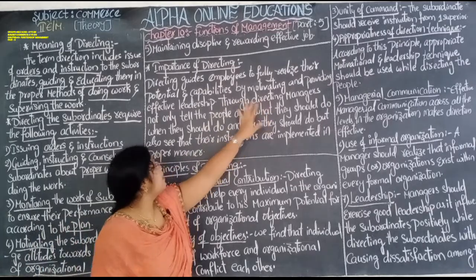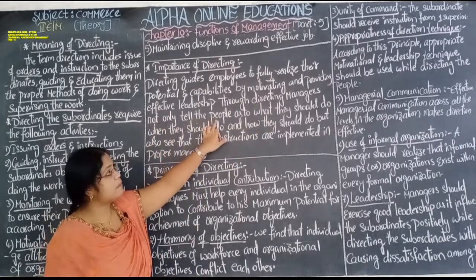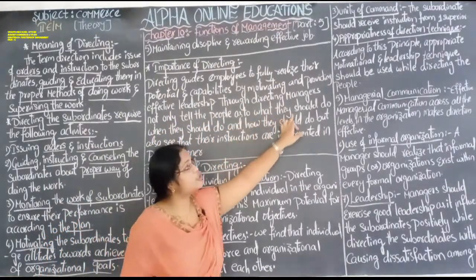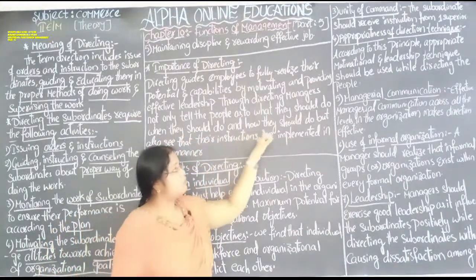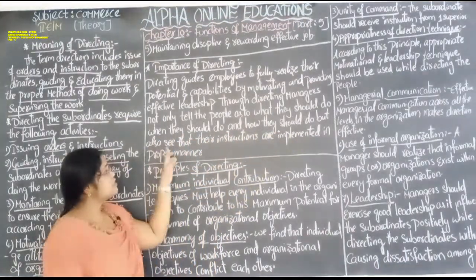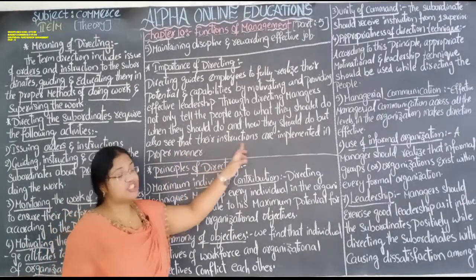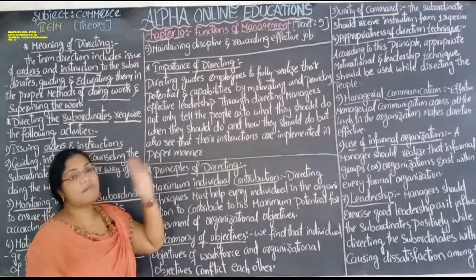Through directing, managers not only tell the people what they should do, when they should do and how they should do, but also see that their instructions are implemented in a proper manner.